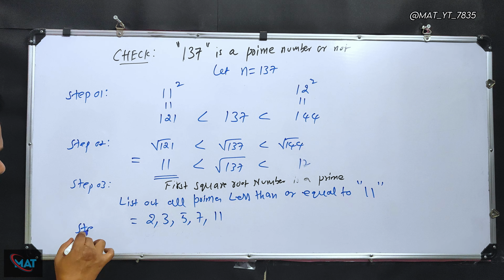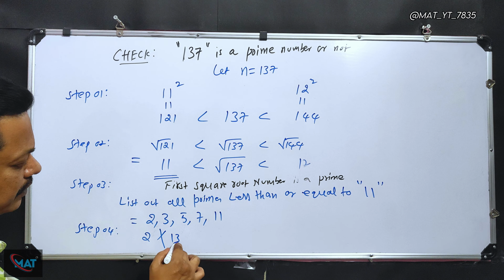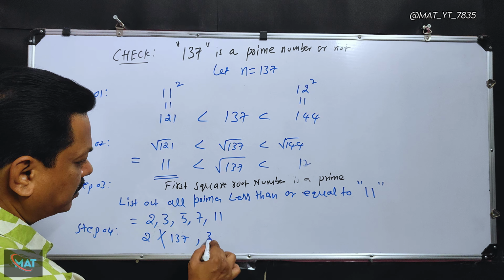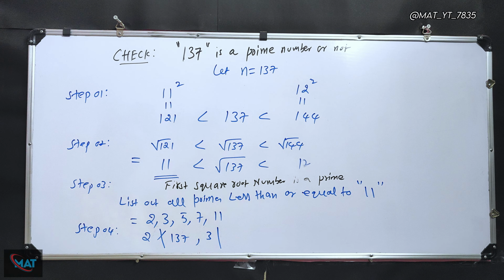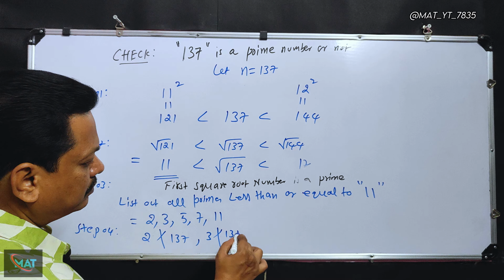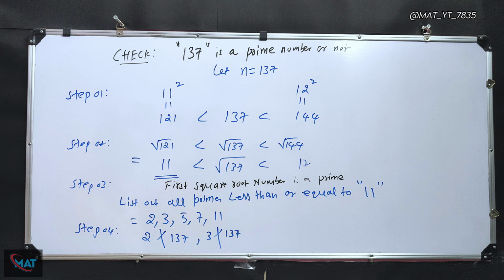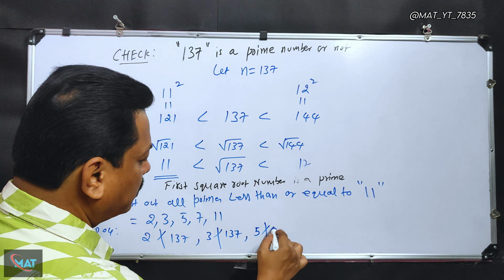Step 4, we need to check divisibility. 2 does not divide 137. What about 3? 4 threes are 12, it won't divide. 5 also won't divide.